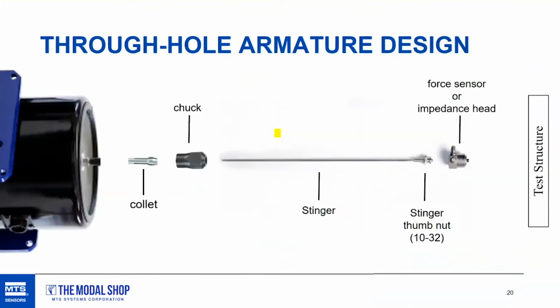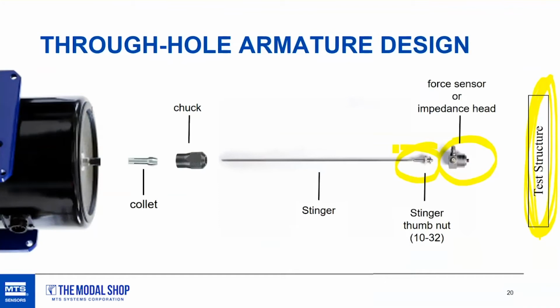But still, when you look at the through-hole armature design, here are the key elements in your shaker installation. You have your test structure that you're trying to vibrate, and of course, you've got a force sensor or an impedance head. You're going to attach the stinger to it using a threaded tip stinger.